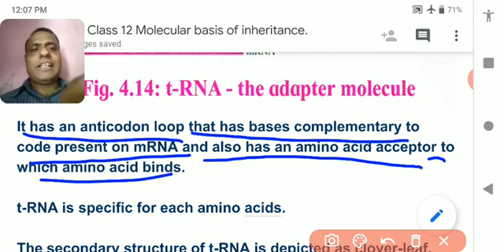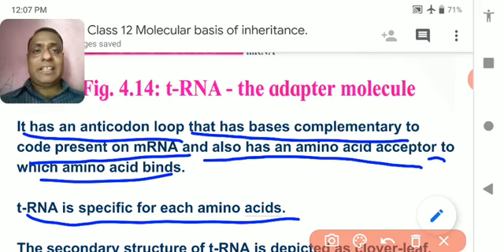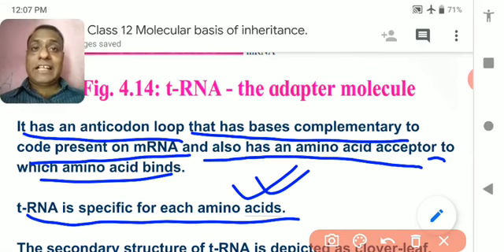So tRNA is specific for each amino acid. There are 20 kinds of tRNA, and each tRNA binds a particular kind of amino acid and brings it for the formation of protein.